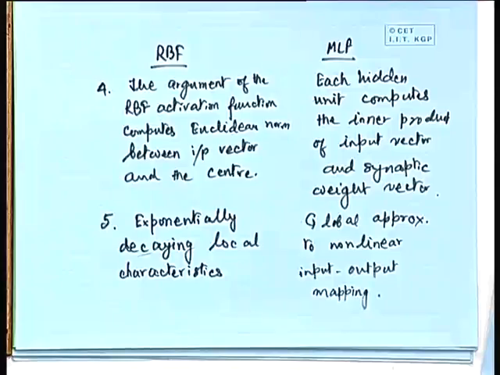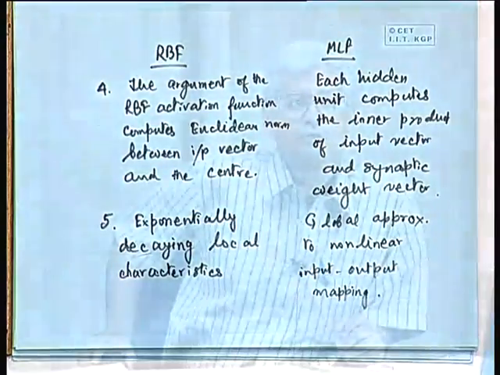And one of the points which we should note at this stage is that, coming to the training of the network, in the case of multi-layered perceptron we had seen that the training is quite involved.